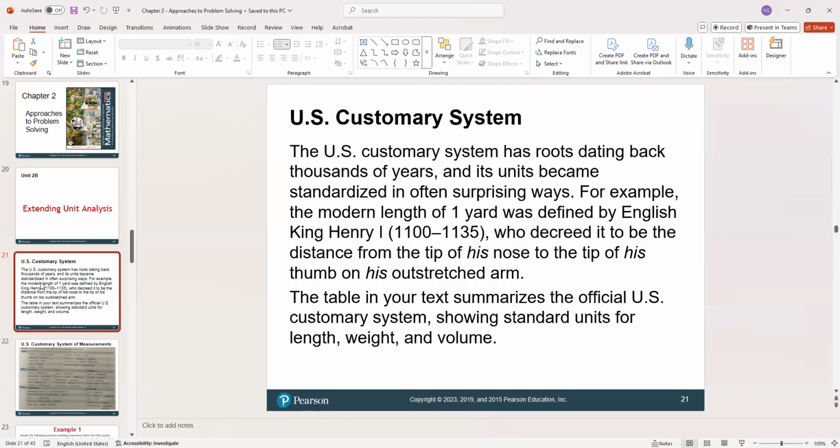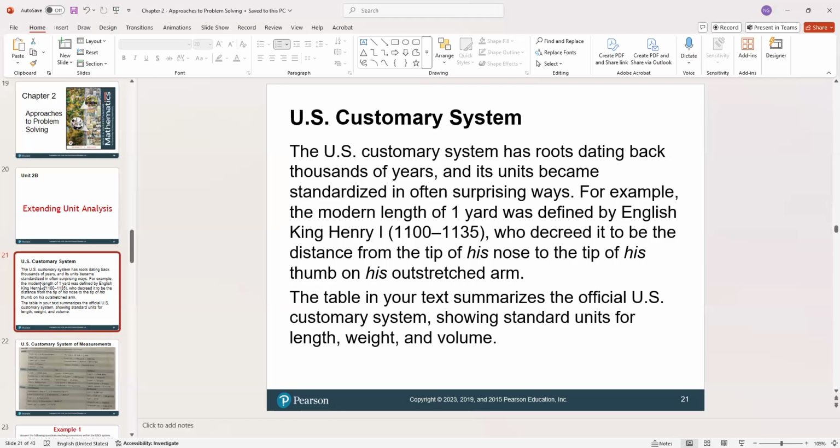For example, the modern length of 1 yard was defined by English King Henry I, who ruled from 1100 to 1135. He decreed it to be the distance from the tip of his nose to the tip of his thumb on his outstretched arm.